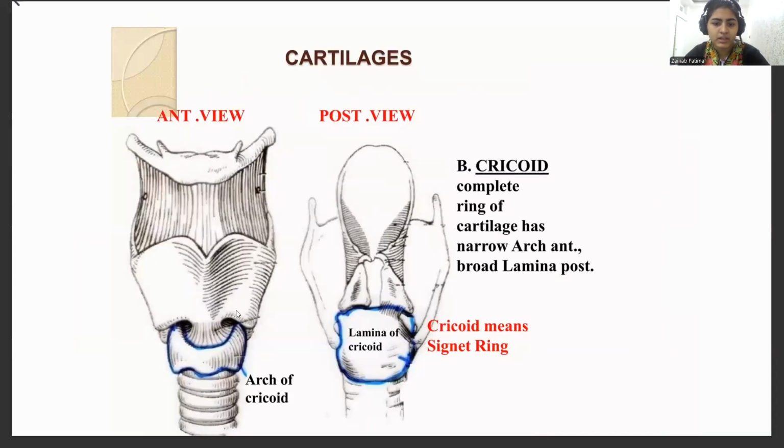This is the anterior view and this is the arch of the cricoid. Then the posterior view, as you can see, this is the lamina of the cricoid. Ring shape, a complete ring cartilage with a narrow anterior and broad lamina.